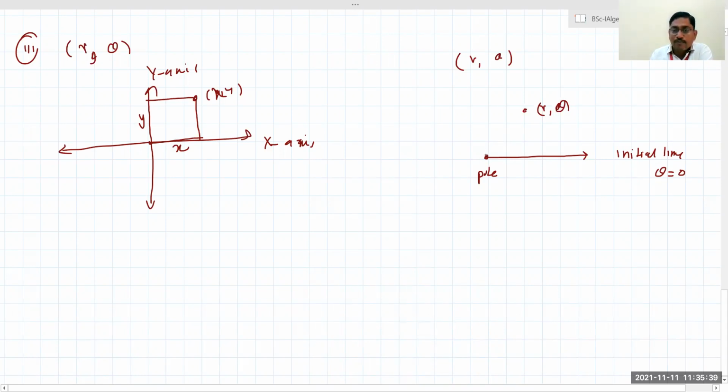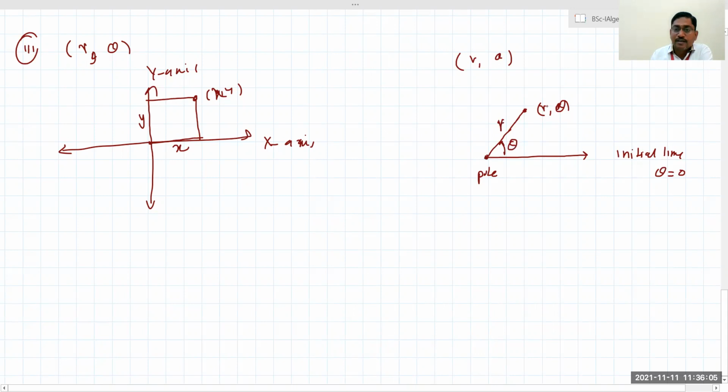There are 4 types of lines. A line perpendicular to the initial line has equation theta equal to pi by 2. Here theta equal to pi, here theta equal to 3 pi by 2, and again theta equal to 0 is nothing but theta equal to 2 pi. So this point has position r comma theta, which means its distance from the origin is r, and it makes an angle theta with the initial line.